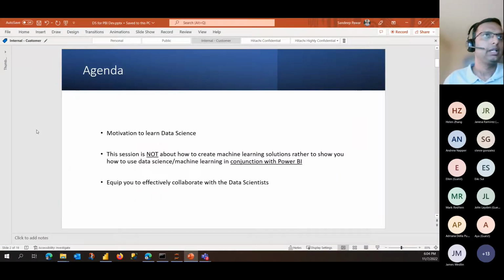The agenda for today is I will mostly go over why you should care about data science. This session is not about creating machine learning solutions or teaching you how to create them. We will not go into the nitty-gritties of different algorithms, Python versus R, statistics, and all that different stuff.